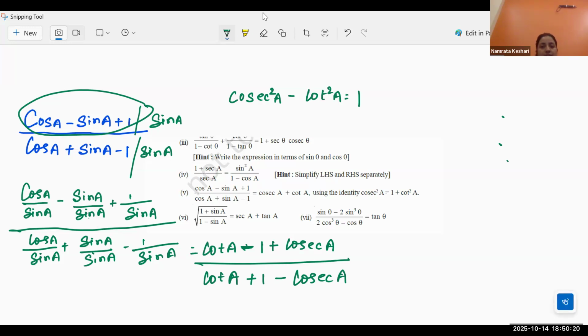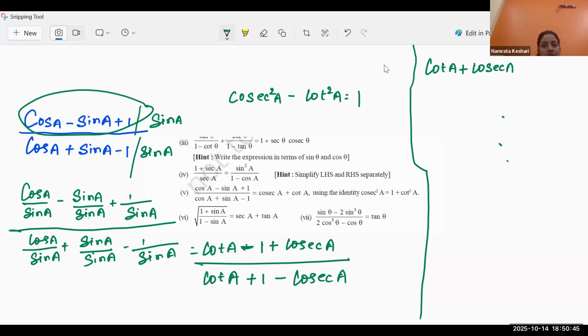So the 1 which I can see in the numerator, at the place of that 1, I am going to write cosec square a minus cot square a. For now I am going to write it this way. The numerator which we have in hand is cot a plus cosec a plus 1. I'm just writing 1 aside and then I'll replace it.